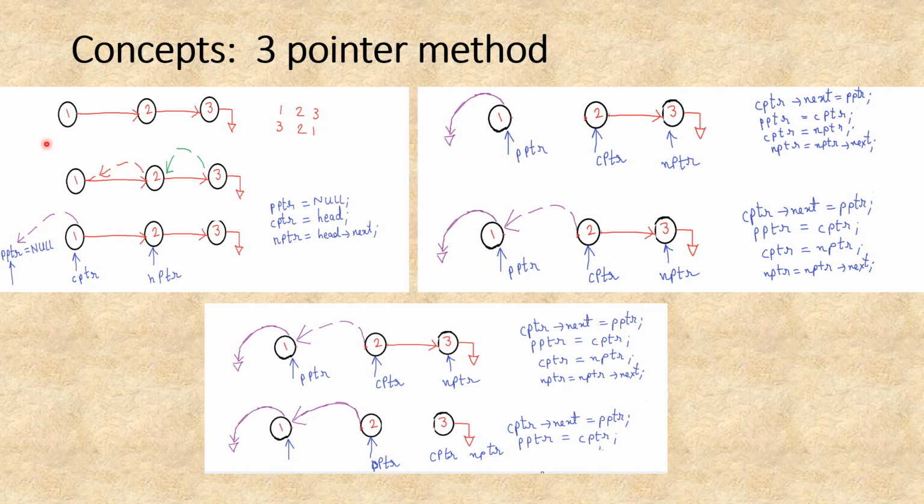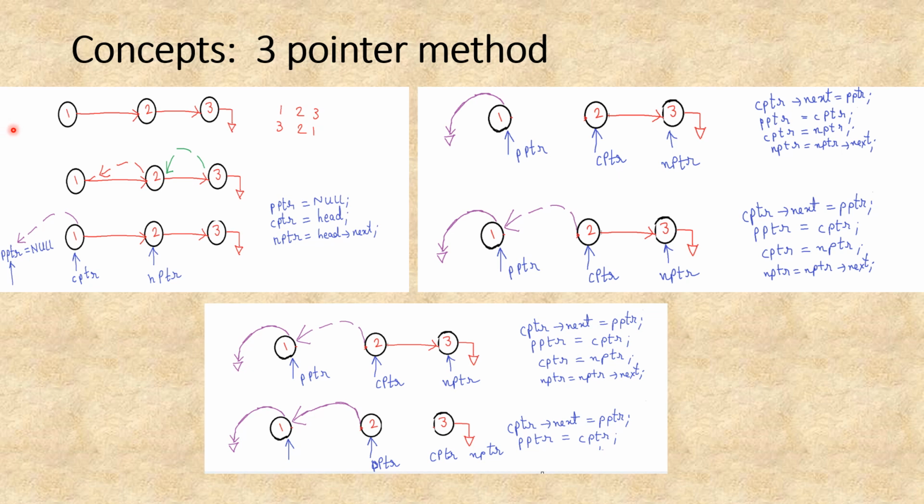To achieve this, we have to start from 1. We cannot start from 3 because to reach 3 we have to do a huge amount of work, and that gets us into a tricky situation. We have to first locate 3 by moving completely from left to right, and once we reach 3 we have no way of getting back to 1, and it gets very complex.